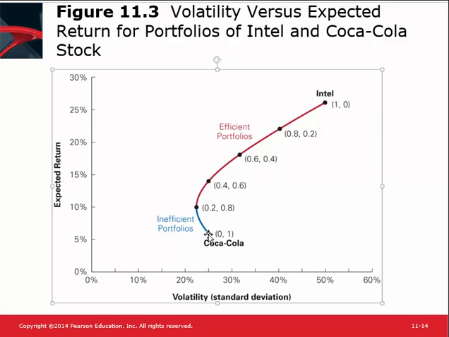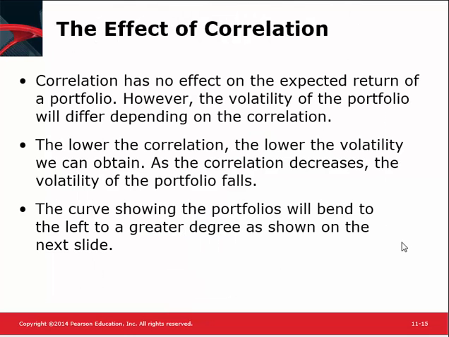Likewise, going over here, we could be reducing risk and increasing returns as we go around this turn. So up around this turn is what you would refer to as efficient portfolios. Everything down here are inefficient portfolios.